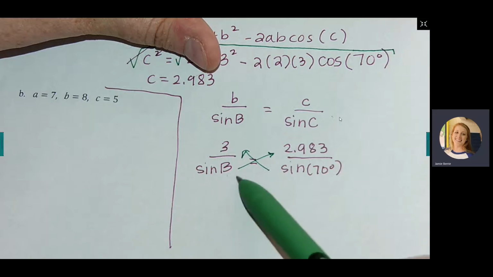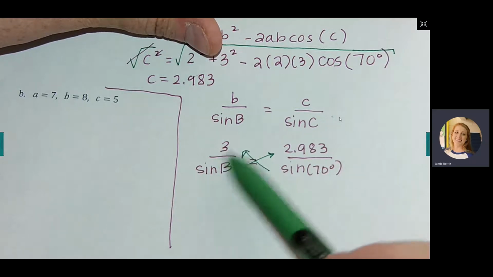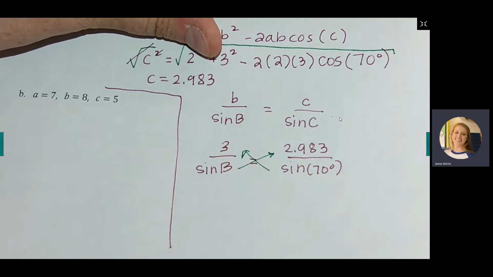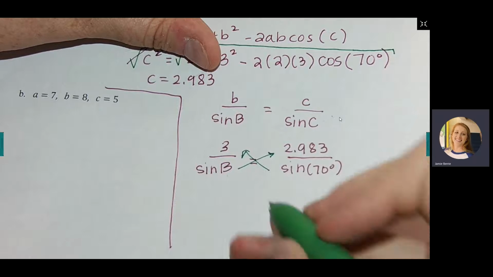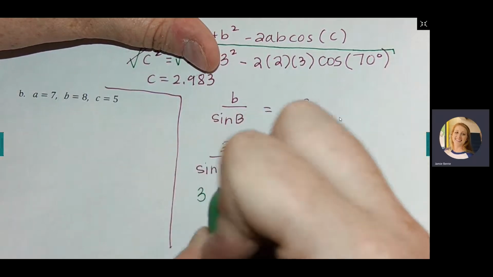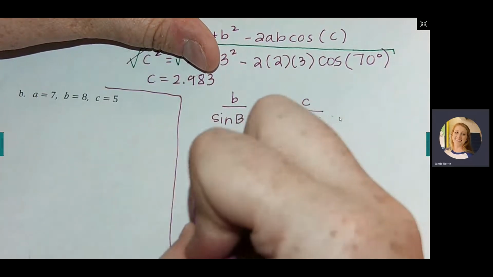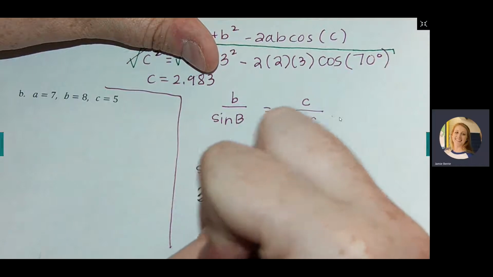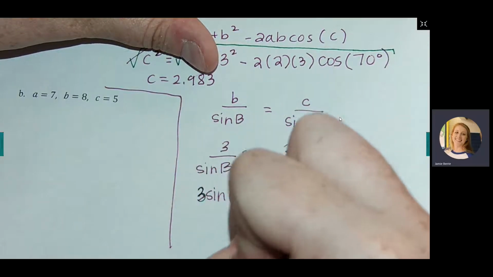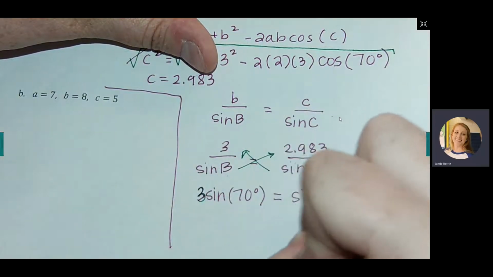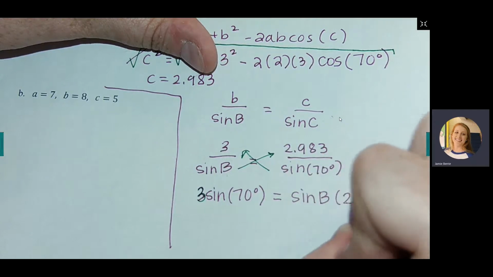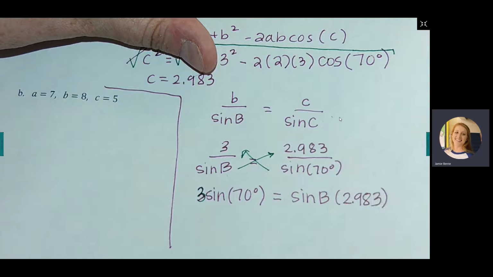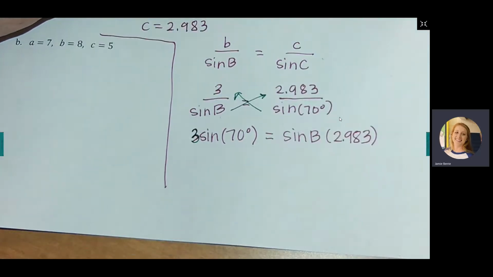The only time it really helps you just to multiply by the denominator is if you have a variable in the numerator. So if your variable's in the numerator, multiply both sides by the denominator. Otherwise, just cross multiply. All right, so that's 3 times sine of 70 degrees equals sine of B times 2.983. I should have put the 2.983 in the front, but it's okay.